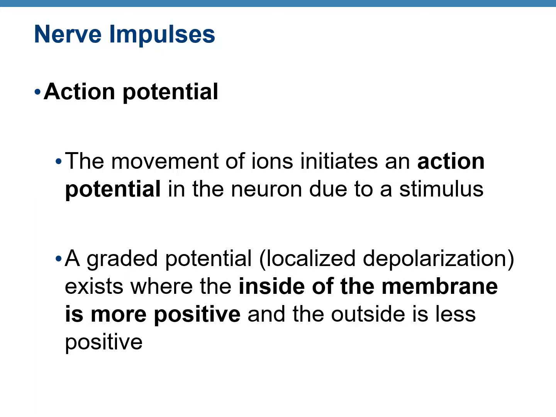The movement of sodium ions starts an action potential in the neuron, and in the place where the inside of the membrane is more positive, it produces a graded potential or a localized depolarization.